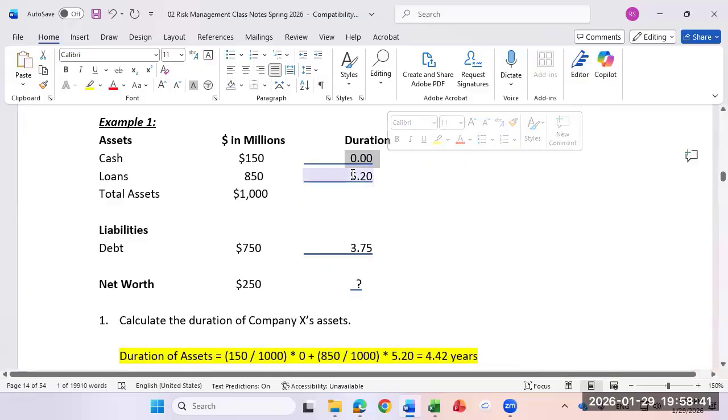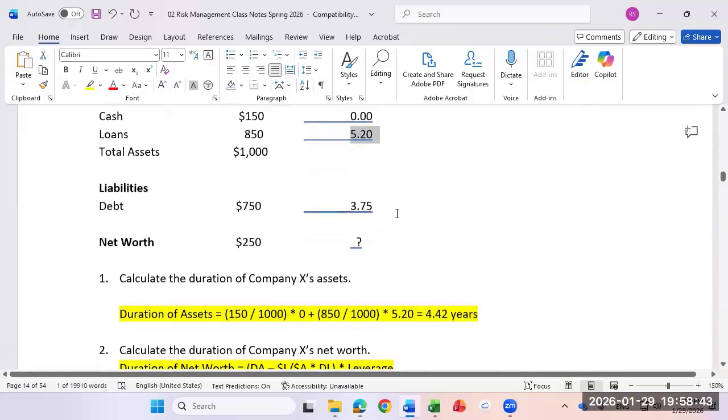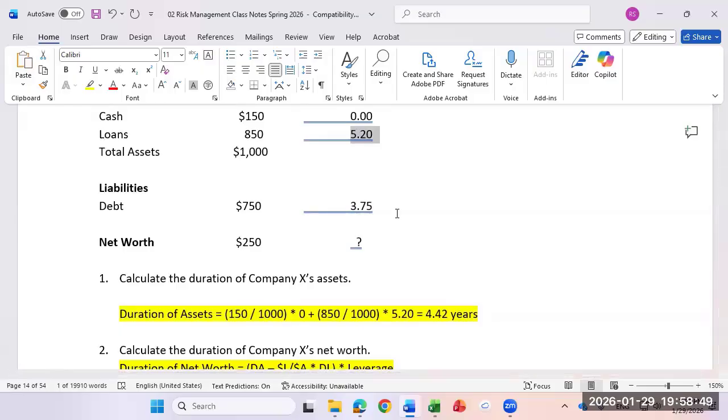Their loans have a duration of 5.2. Now, that is a really, really long duration. Because remember, if you have auto loans, you might say 5-year auto loans, but 5-year auto loans don't have a duration of 5. They have a duration more like 2.5 because they're amortizing. You might say, well, they have mortgages. Mortgages are 30 years. A 30-year mortgage might have a duration of 10 years. But what do banks do with their mortgages?